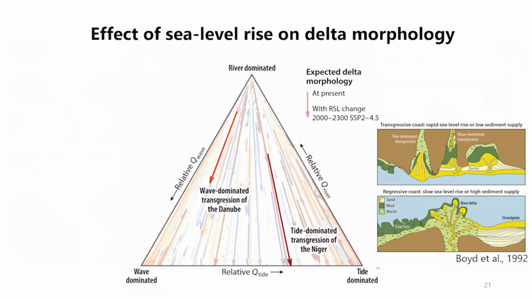So, for example, we can expect the increase in sea level will lead to wave-dominated transgression for a lot of deltas that move towards its wave-dominated corner, or a tide-dominated transgression if deltas move toward this tide-dominated corner.